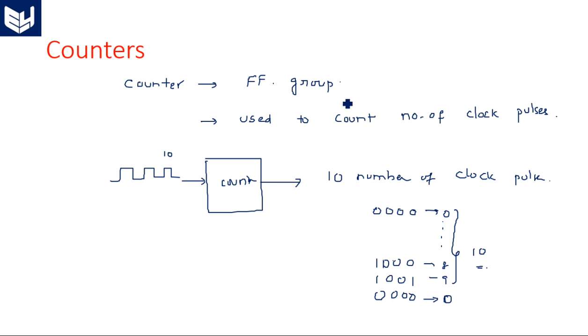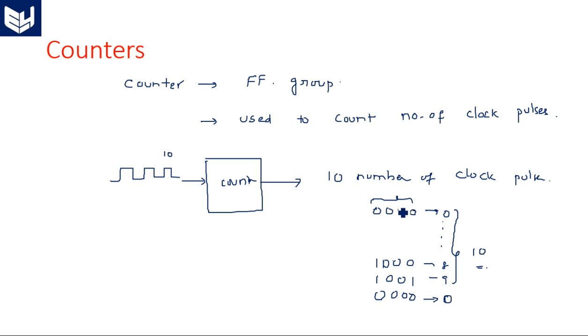So a counter is used to count the number of clock pulses. Very important, remember, a counter is used to count the number of clock pulses in our digital circuit. Another thing is, as I told you, it is a set of flip-flops like your register, because whenever I say 10, it needs 4 bits to represent 10 in digital format.